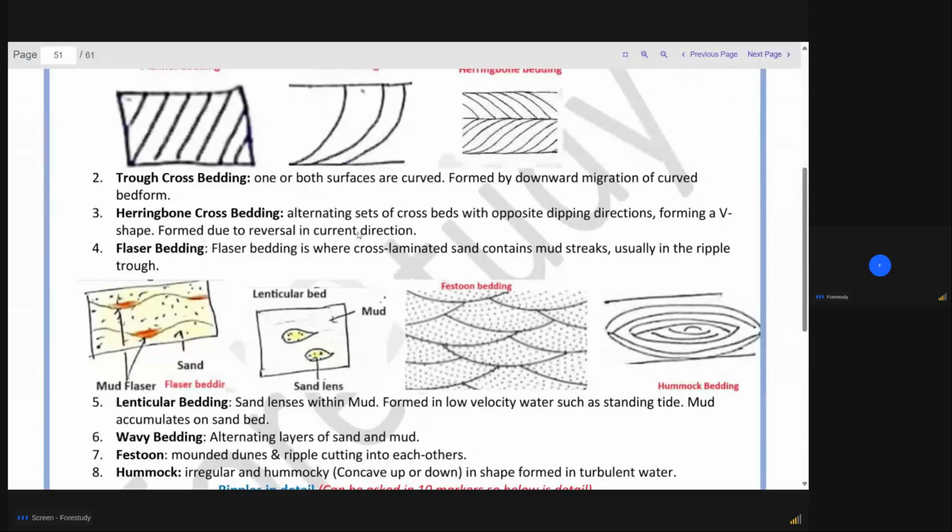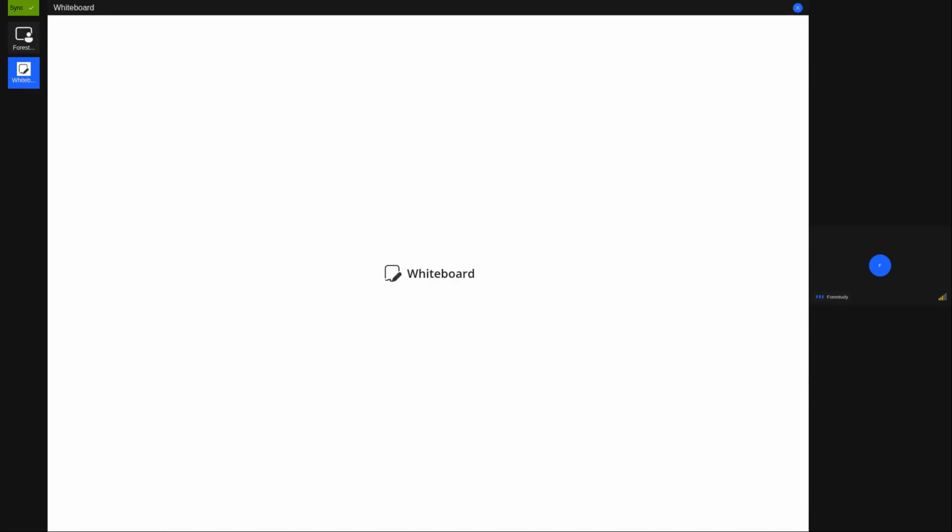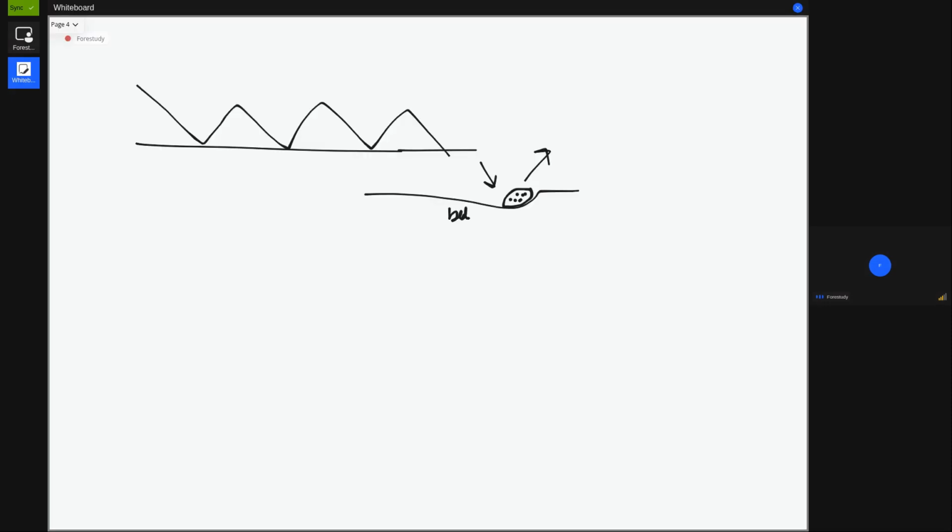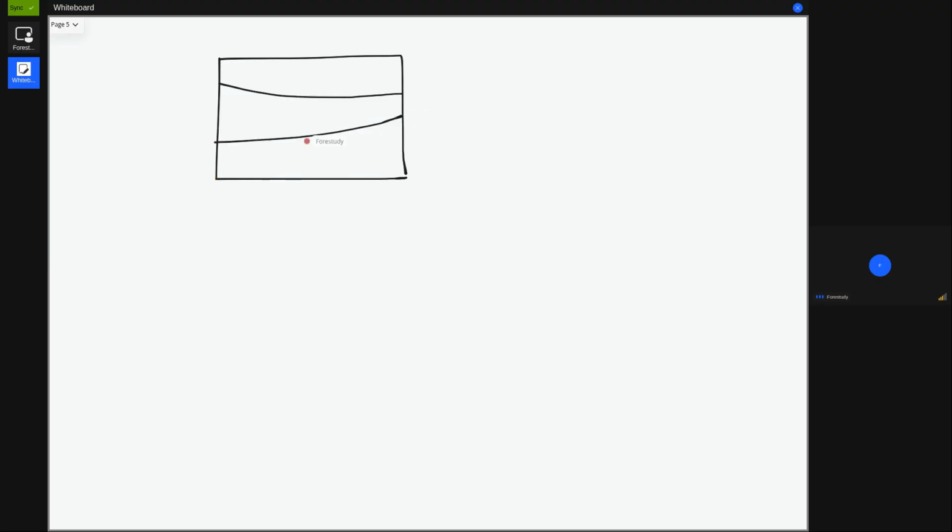Herringbone cross stratifications are characteristic of tidal environments where there are bidirectional currents. Herringbone cross stratification will look like this. They will be oppositely dipping laminae.